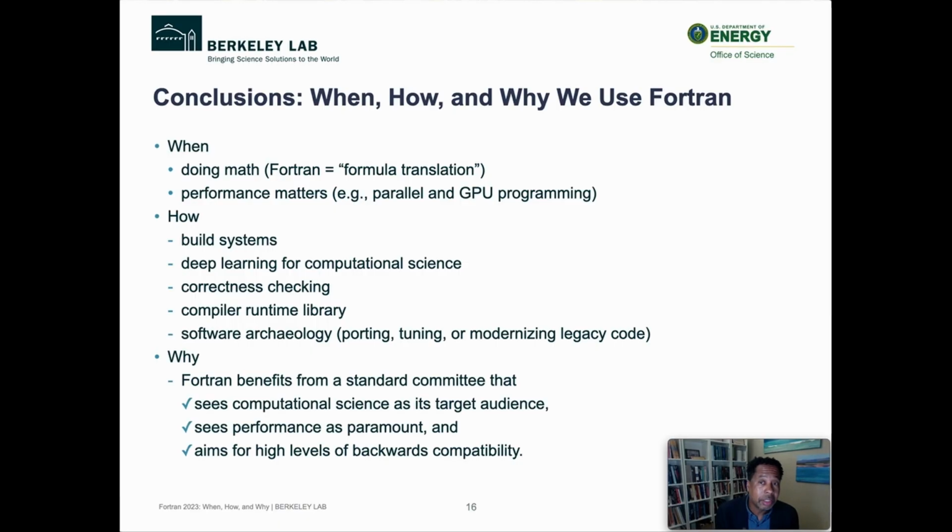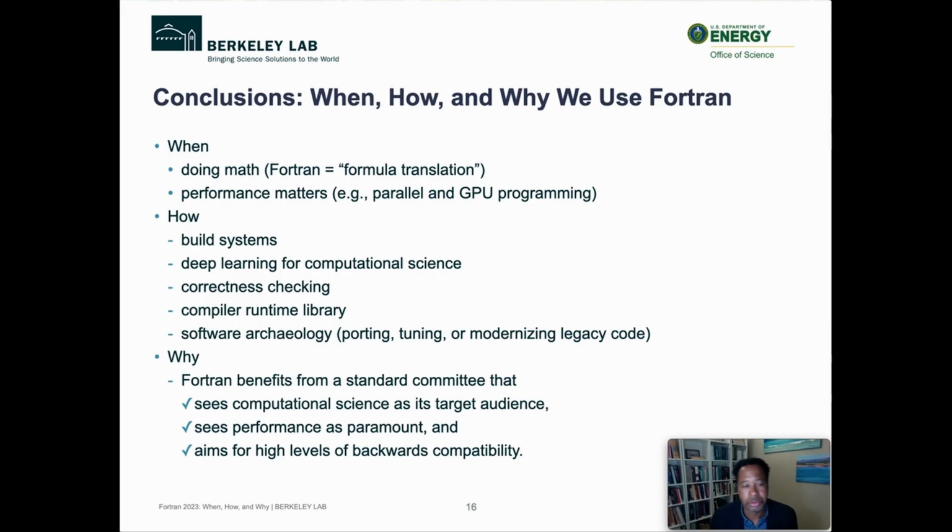You can use it in domains that you probably don't think of for Fortran: build systems, deep learning, correctness checking, runtime libraries for compilers. And in my work, I've done a lot of use of Fortran in software archaeology, porting, tuning, and modernizing legacy codes, ending up in a better place, and often for less budget, than if we translated the Fortran to a different language.